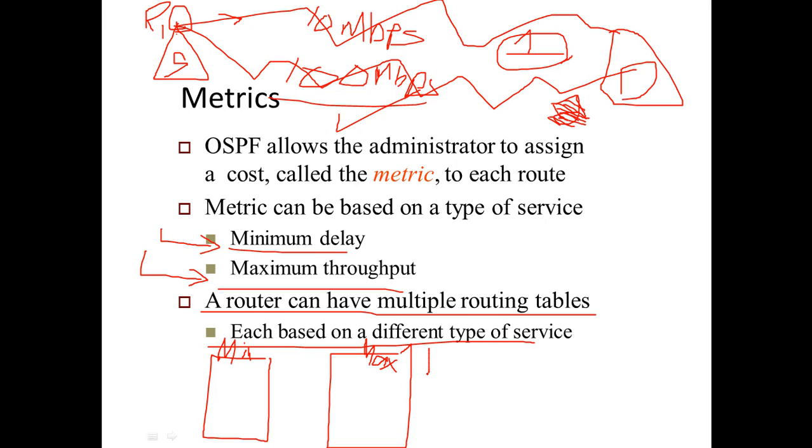Whenever a packet comes and it wants maximum throughput, the router will search for the destination in this routing table. Whenever a packet comes and it wants to be delivered in the minimum time, the router will go into this other routing table. So a router can manage more than one routing table, depending upon the cost and the quality of the router.